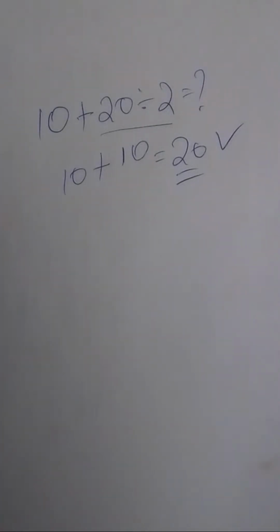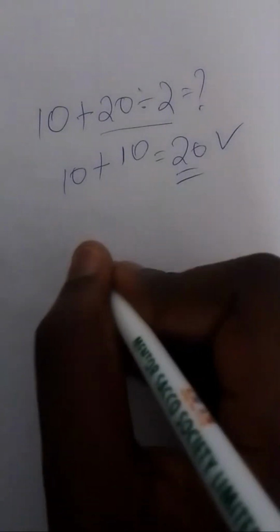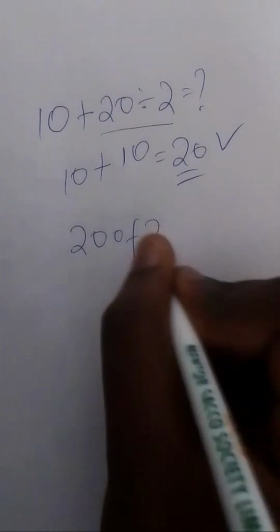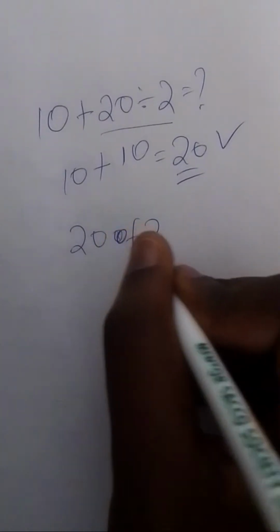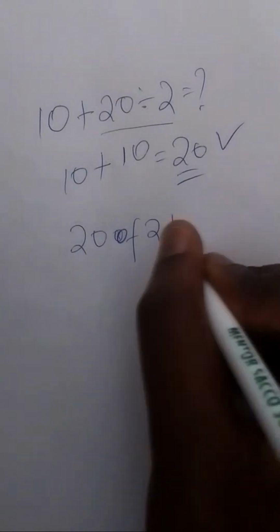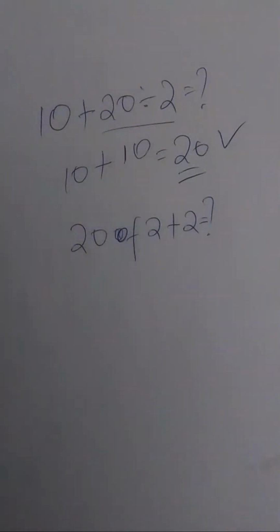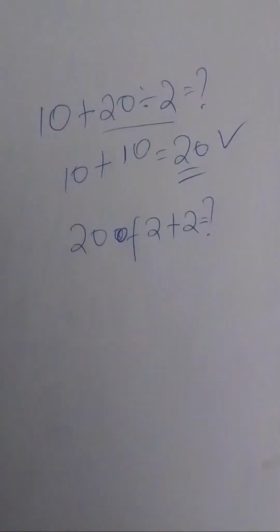Okay, so let's proceed. Now we have 20 of 2 plus 2. What's the answer? Remember, you have to follow what is called the BODMAS rule.